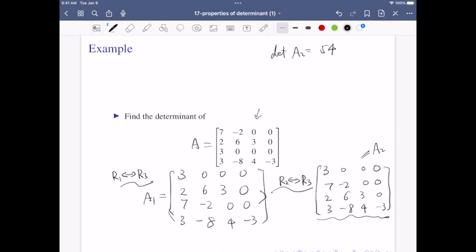Now, because one swap changes the sign, the determinant of A1 is opposite of A2, so negative 54. This is the same thing as multiplying by negative 1. And if you swap another time, then determinant A is opposite to determinant A1, which is 54.